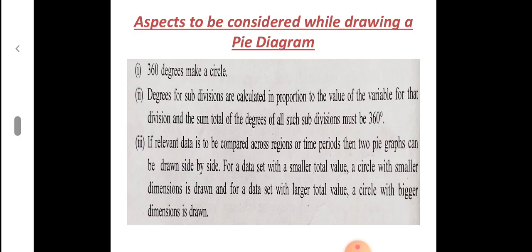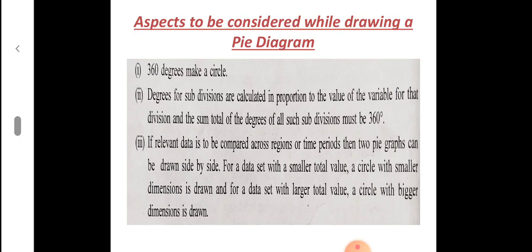Second, degrees for subdivisions are calculated in proportion to the value of the variable for that division, and the sum total of the degrees of all such subdivisions must be 360.